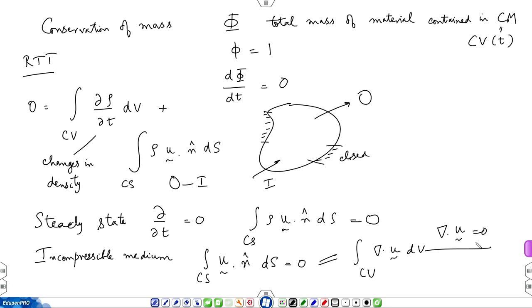So, what is the difference between this integral form and that differential form? Okay. Integral form is hard to solve. Differential form, we have some experience, in fact, a lot of experience in solving differential equations. Okay. This first one, this integral over C v holds over the entire volume. It is a description over a finite domain, but del dot u, what is u?